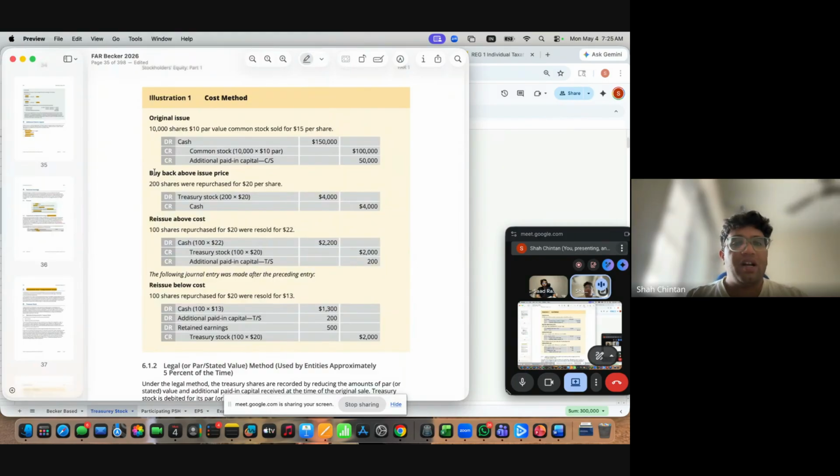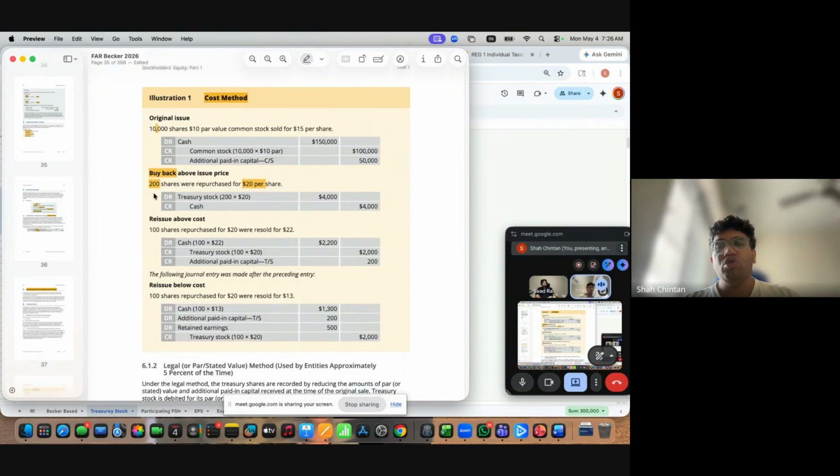Now what happens? The company has bought back above the issue price. So of the 10,000 shares the company issued in the market, it is taking back 200 shares at $20 per share. So this buyback is called a treasury share or a buyback of the share. Now we are under a cost method. So under the cost method, a buyback of the share is recorded at cost.